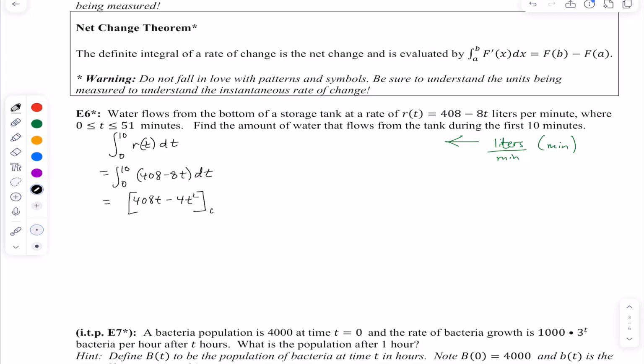We're going to evaluate this from 0 to 10, which is represented by the net change.